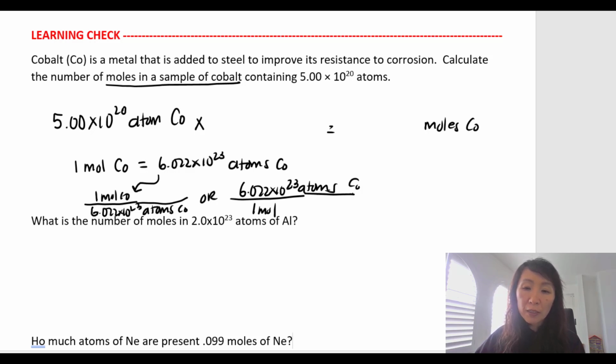Those are two possibilities when you look at something being equal to something else. So let's see, which one am I going to use in order to cancel out the atoms? Hopefully you are able to pick this one. And why am I picking this one? This is because the atom goes on the bottom.